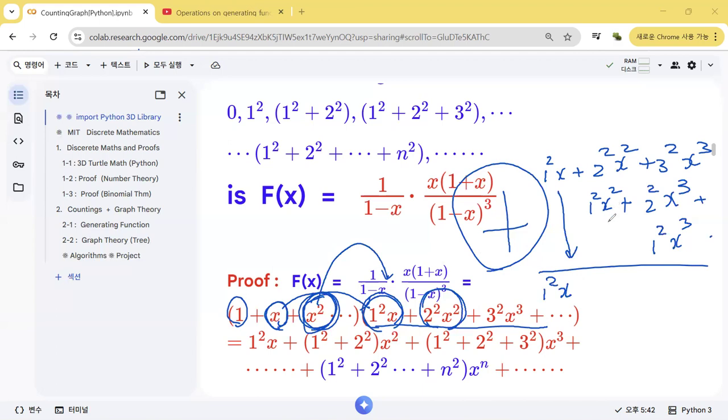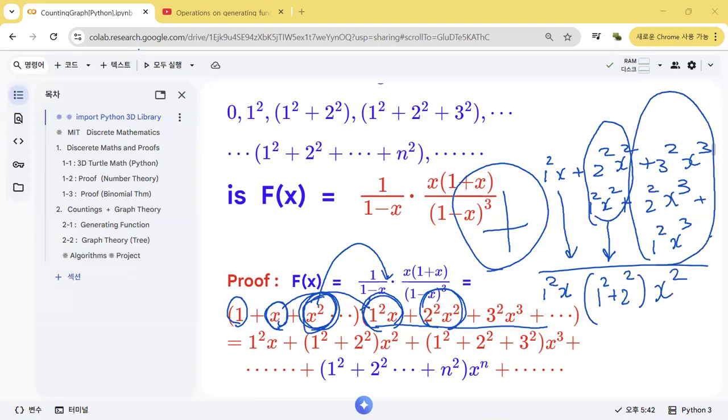From this one, you get one squared plus two squared x squared. And what you get from this third column is one squared plus two squared plus three squared, like this.